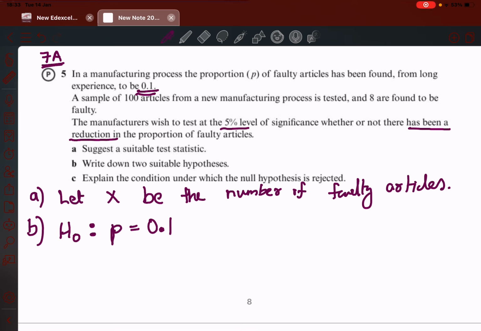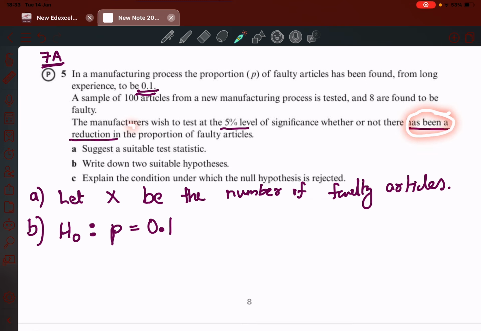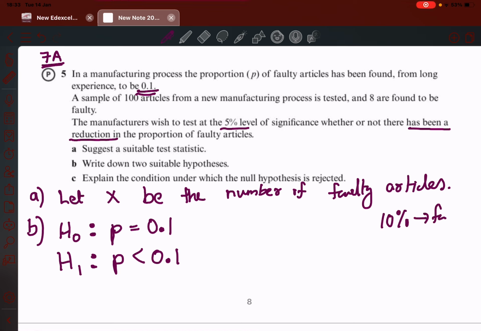But we want to check the claim whether there has been a reduction in the proportion. So obviously the alternate claim that we are testing for is if P is less than 10%, meaning there was a 10% chance that you could get a faulty product or a faulty article.